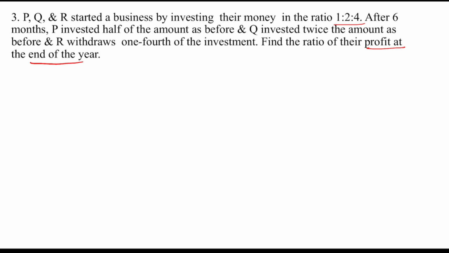1:2:4. Okay, so I will assume that we don't know how much exactly money they invested. So let us assume that P invested 1 rupee, Q invested 2 rupees and R invested 4 rupees.